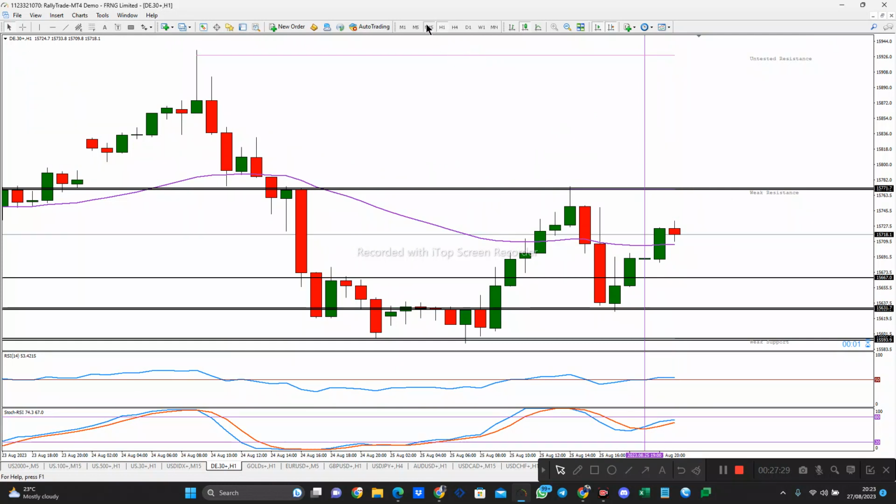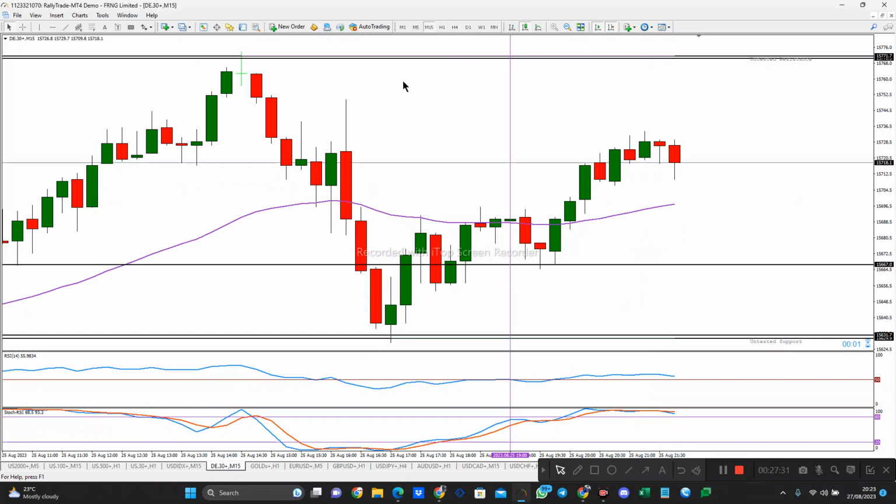So on 15 minutes I want to see if I can link this up and see how it goes, or even do it from here, because if I go to 1 hour... Now, where I drew this trend line, it does not necessarily mean that this candle can't still go below this trend line, right?